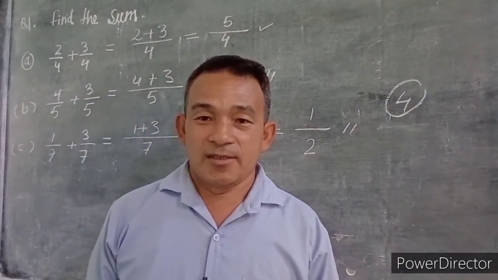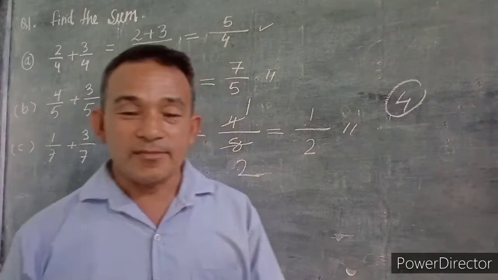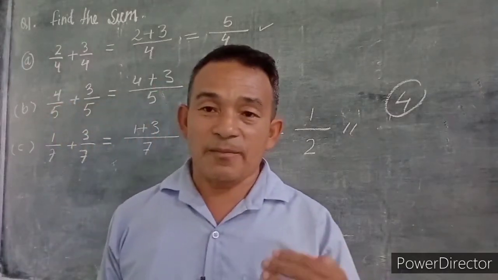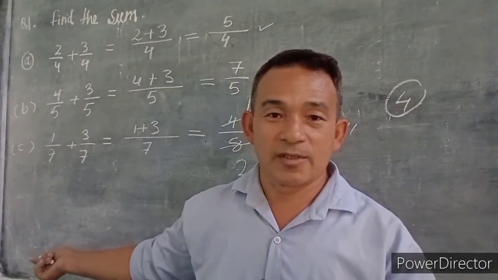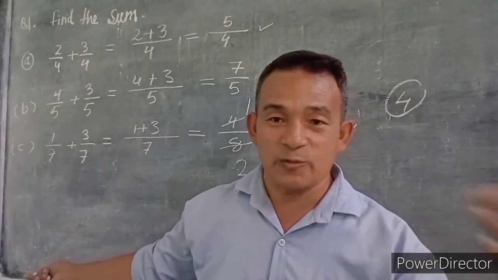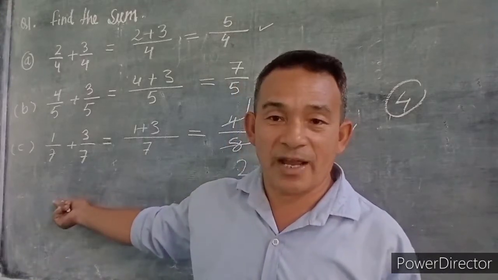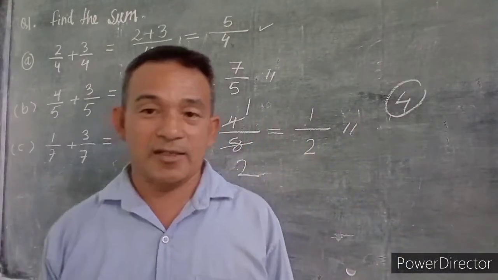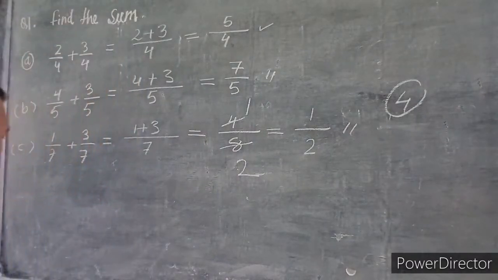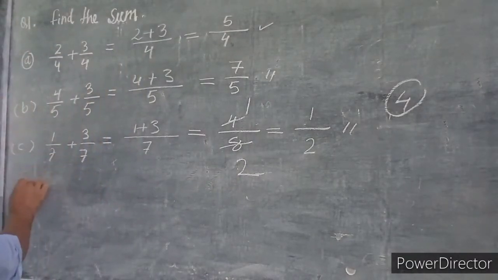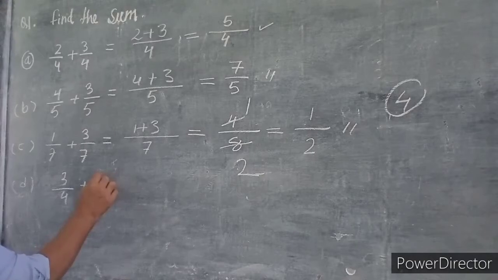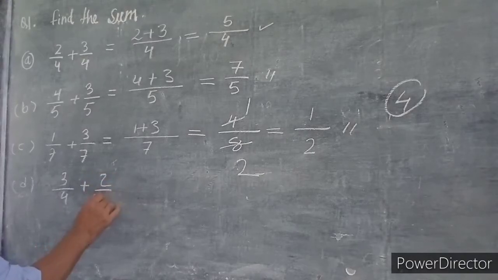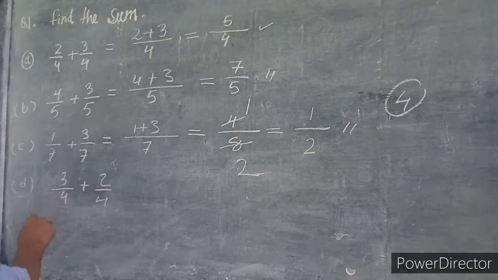Now I will give you some questions, and you need to practice them yourself. For your own practice, I will write some questions here, and they will not be solved by me. Number D, 3 by 4, 2 by 4.